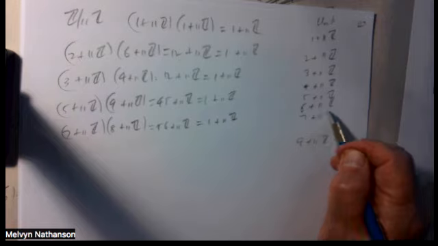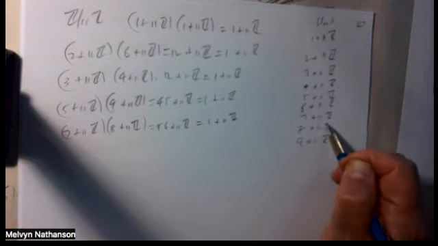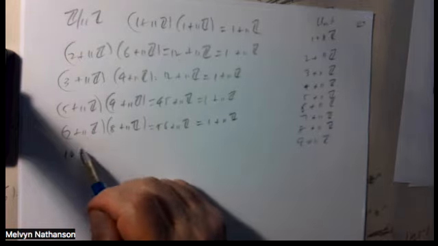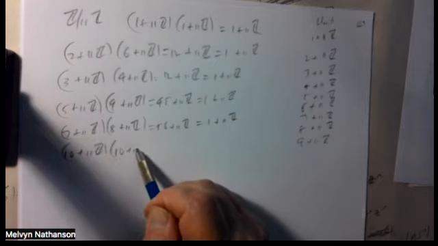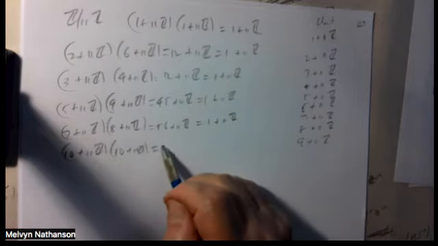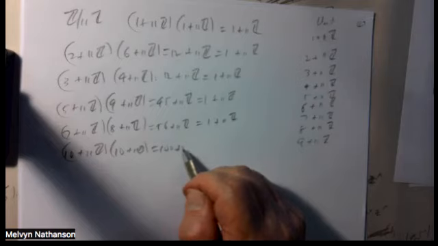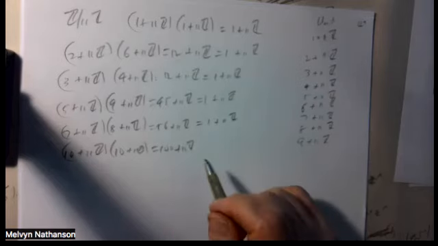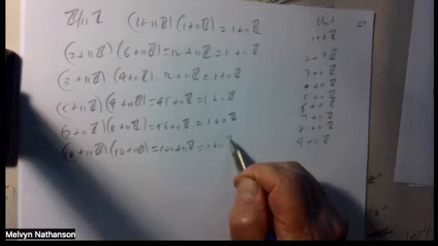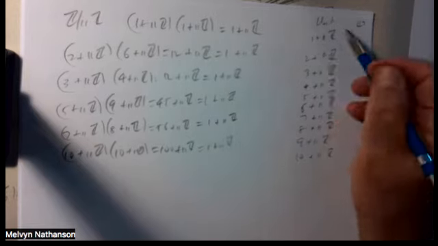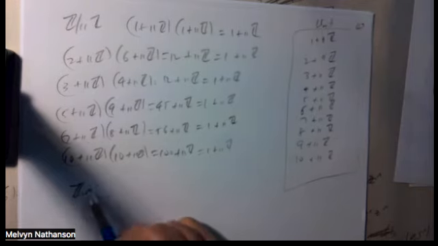So 7 and 8 are units. And if I take 10 plus 11Z and multiply it by itself, I get 100 plus 11Z. 100 is 1 more than 99, which is 9 times 11. So in fact, every non-zero element is a unit.